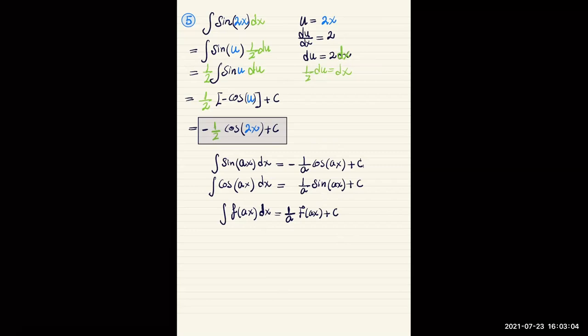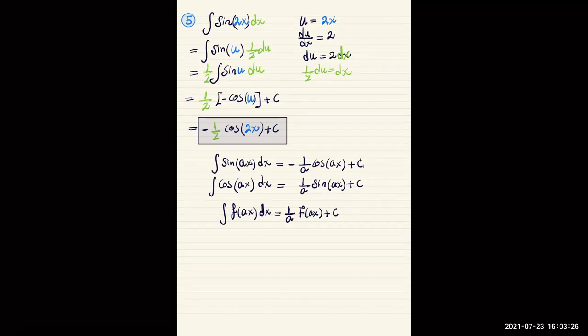No, my question is when we don't have a constant, can we use this formula that you gave us? These formulas? When you have a constant or when you don't have a constant? When we don't have a constant. Yes, you can, for sure.